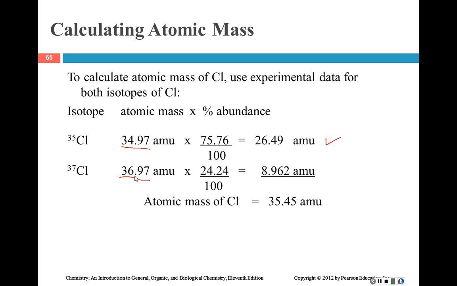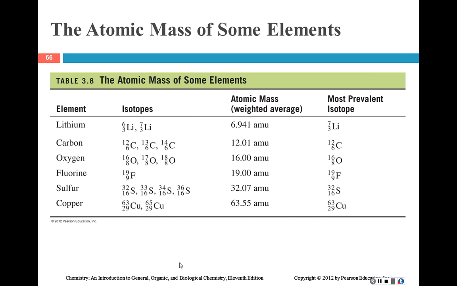If I multiply 36.97 by the percent abundance, which is 24.24, I get 8.962. I add those two together, and I get 35.45 AMU as the average atomic mass of the isotopes. So there's only 2 for chlorine. These are some others, just examples of different ones and how they have weighted those.